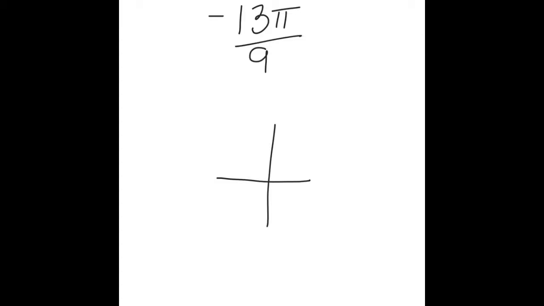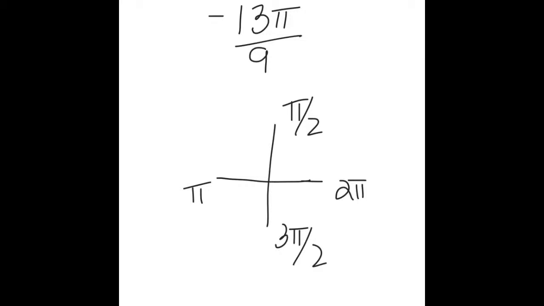What about a negative, like negative 13 pi over 9. All right, so I'm going to draw my little quadrant here. So I know that this is 2 pi. This is 1 pi, pi over 2, 3 pi over 2.